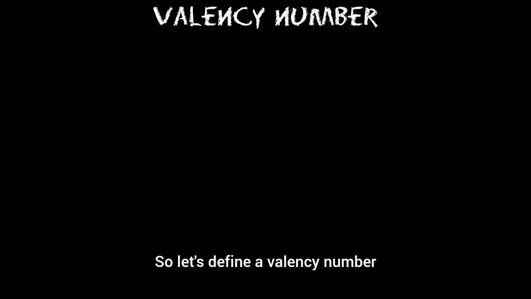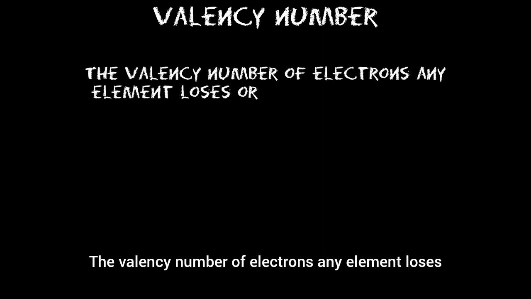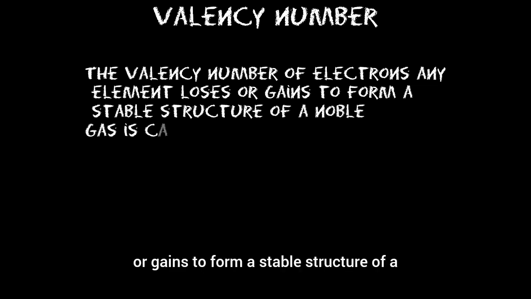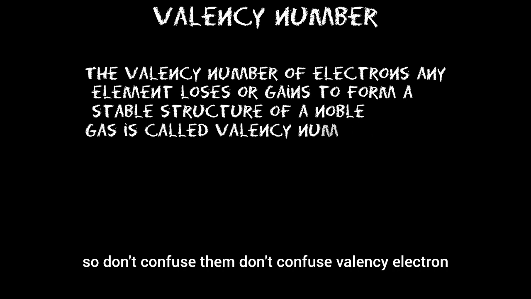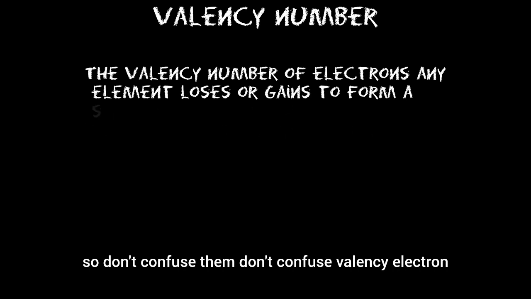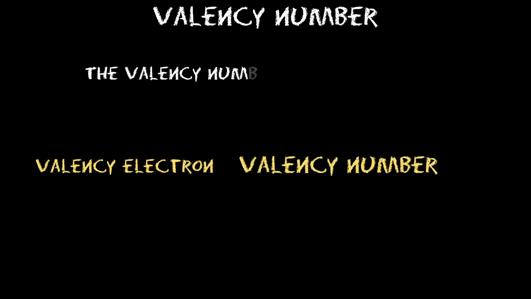So let's define valency number. The number of electrons any element loses or gains to form a stable structure of a noble gas is called the valency number. Get this? Don't confuse valency electron and valency number.